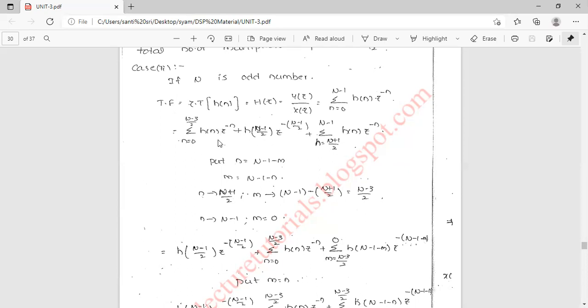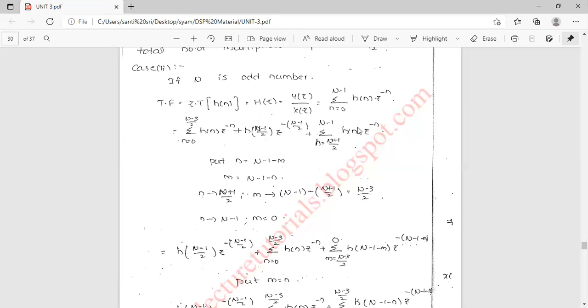So in the first place, n is replaced by N minus 1 by 2. In the second case, this n is replaced by N minus 1 by 2, then it will become n. Then third case, this n is replaced by N minus 3 by 2, N plus 1 by 2.